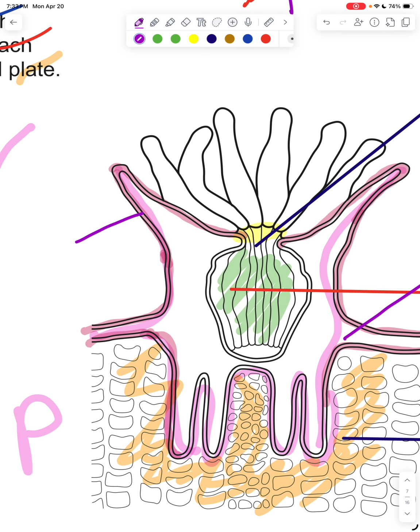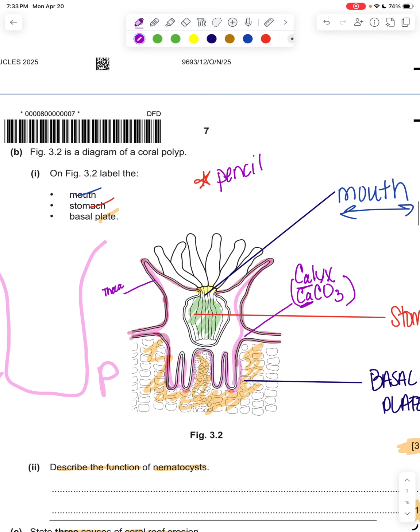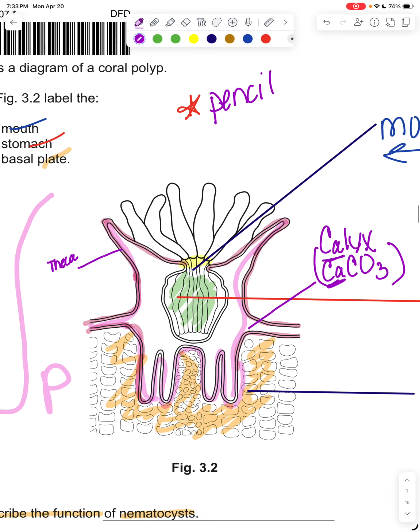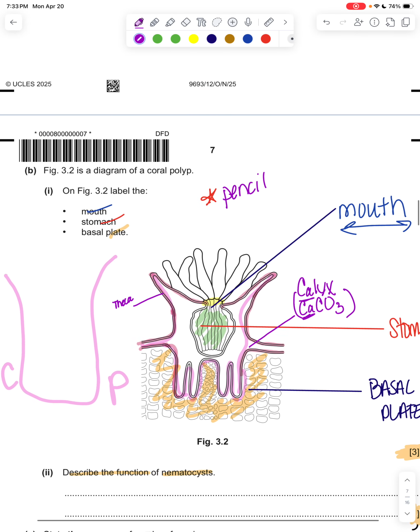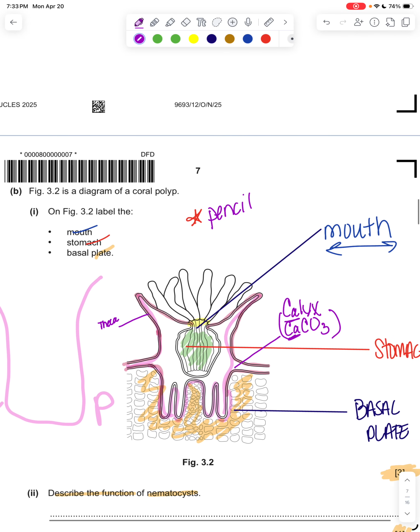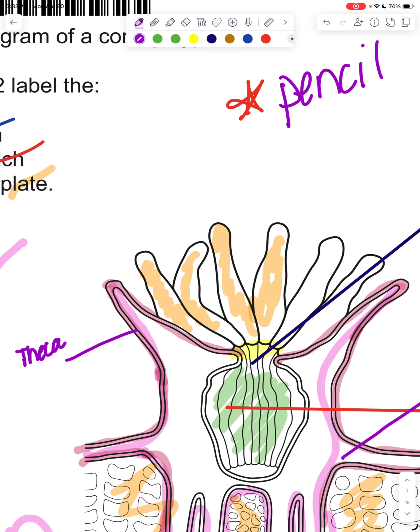And these are called theca or theca, doesn't matter. And those are the thin walls of the calyx. And again, all of this connects to the basal plate. At the top, all of these are tentacles.